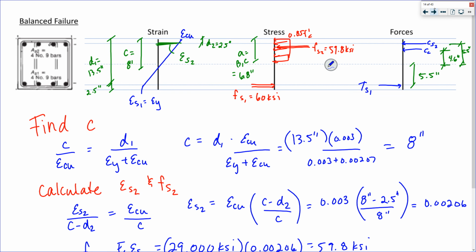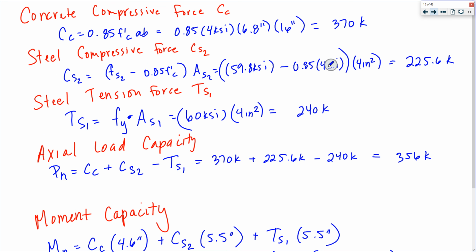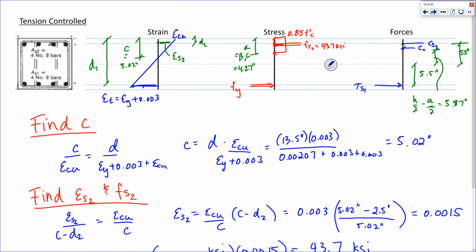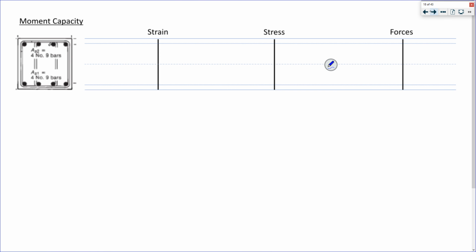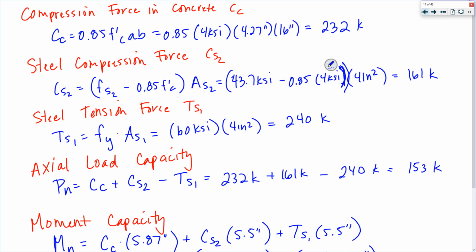For both, I had to calculate the strain in my compression steel and the corresponding stress. I can use all of those values to then find the compressive force in my concrete, the compression force in my steel, and the tension force in my other steel on the other side, and add those together to get my axial capacity and my moment capacity.